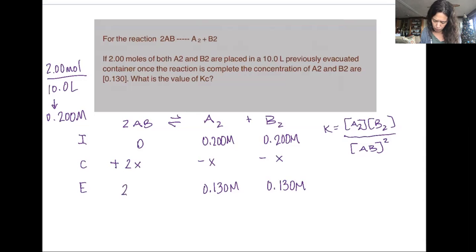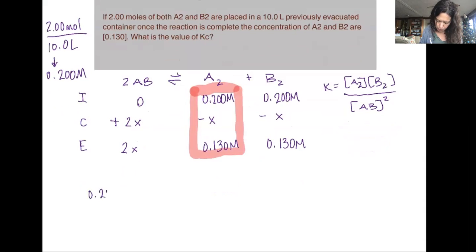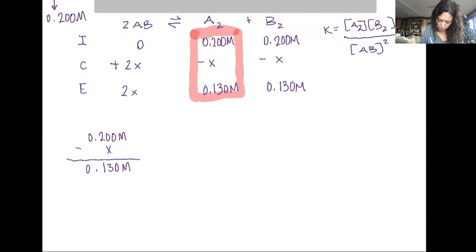Therefore, this is 2x. 0 plus 2x is 2x. I can pick one of these. I'll just keep it to solve for x, right? What I see is that 0.200 molar minus x equals 0.130 molar. Therefore, x must equal 0.070 molar.